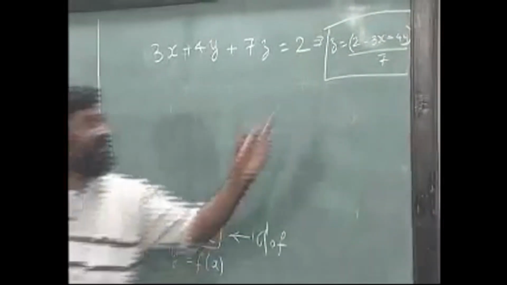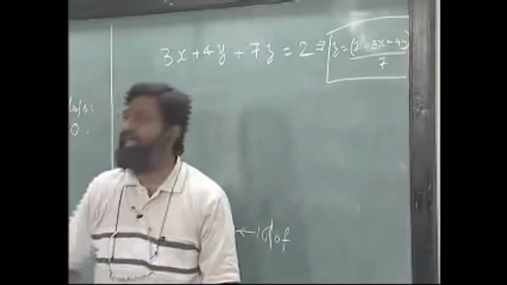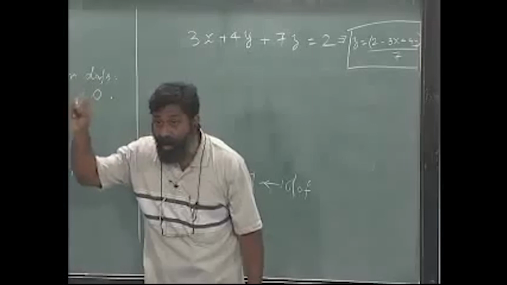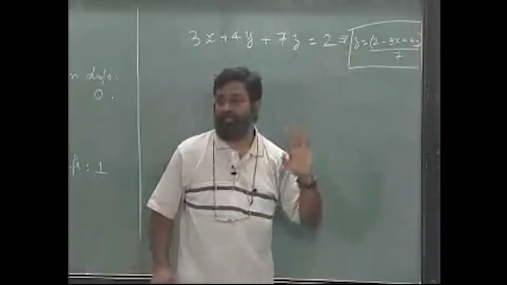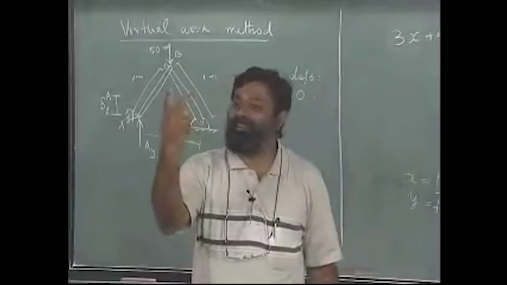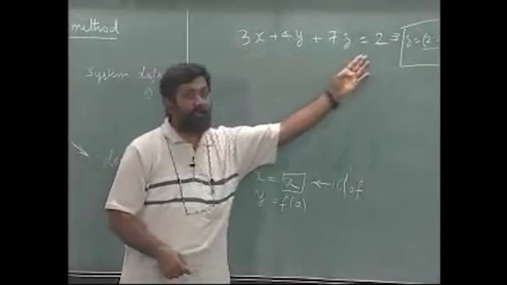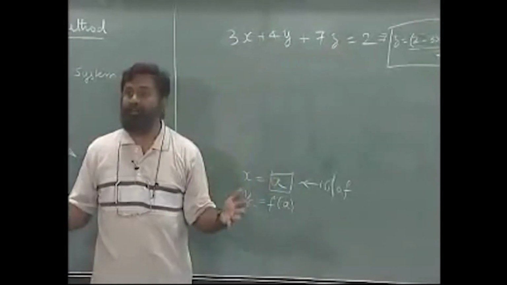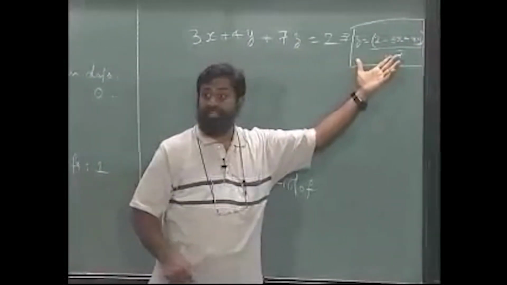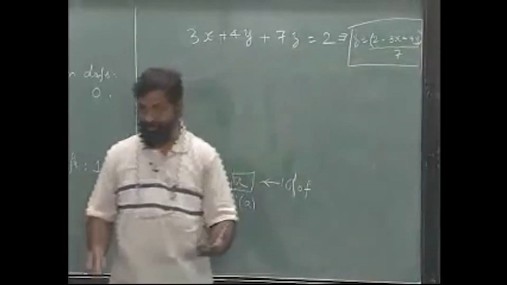What is z a function of? x and y. Unless I give you the value of x, and the value of y also, I cannot find out z. This directly means that it is a 2 degree of freedom system. So, if I give a system and you are able to write only one equation like this from equilibrium, then I can say that I have a 2 degree of freedom system.